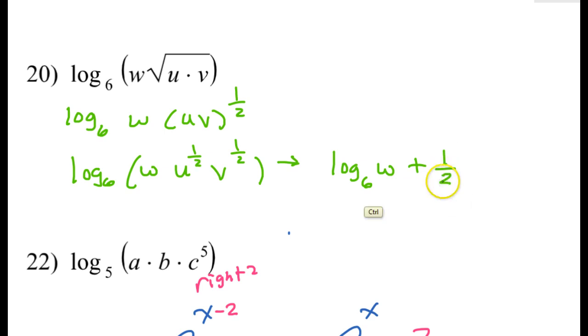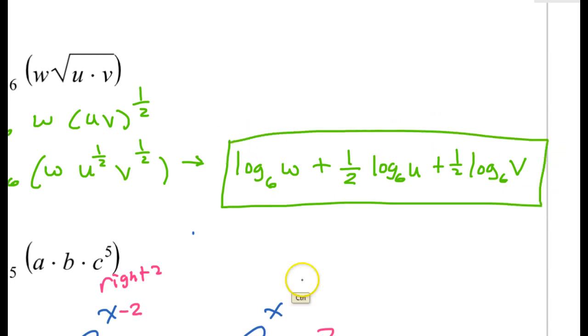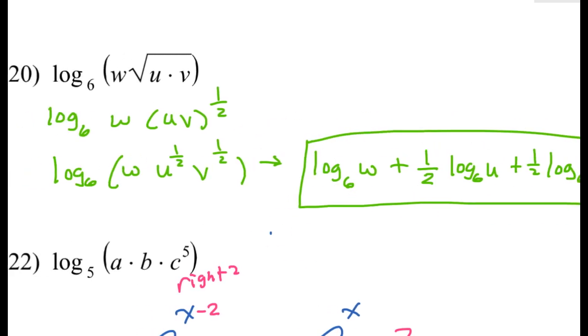Let's just go ahead and put it in the front right now. So this will be 1/2 log base 6 of u. And similarly, we will have plus 1/2 log base 6 of v. So this should be the answer to problem number 20.